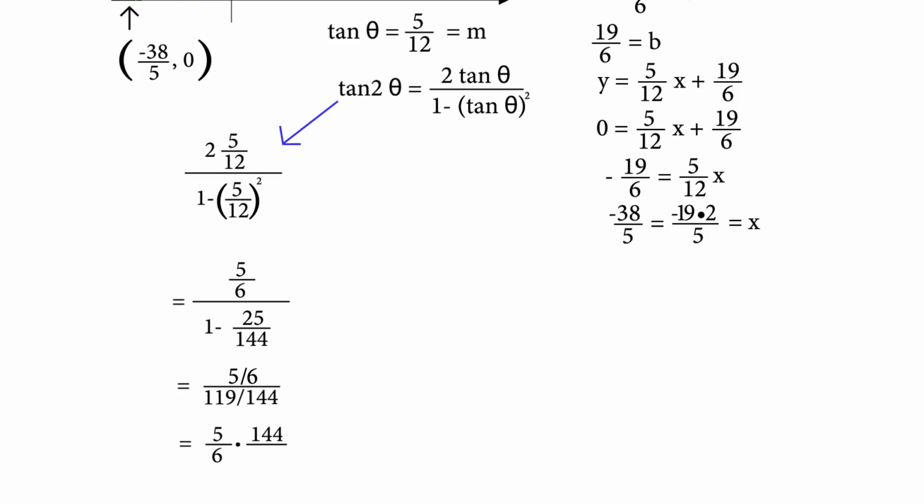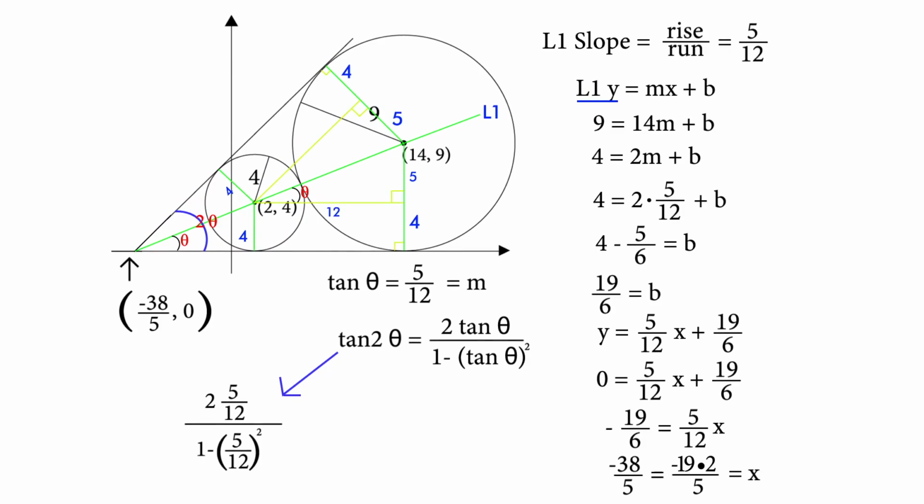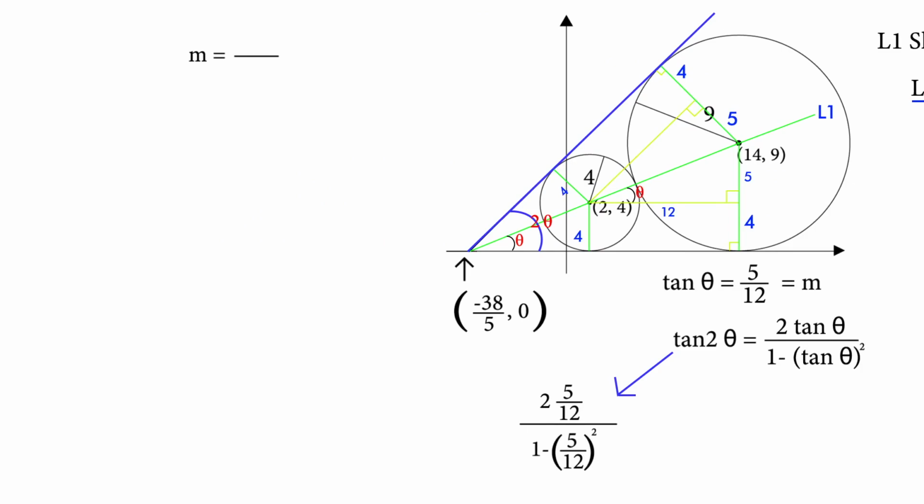And that is 5 over 6 invert multiply 144 over 119. And that reduces to 120 over 119. So going back to our diagram, what that basically means is that this line right here, from here to here, has a slope that we just calculated. And that slope was 120 over 119.